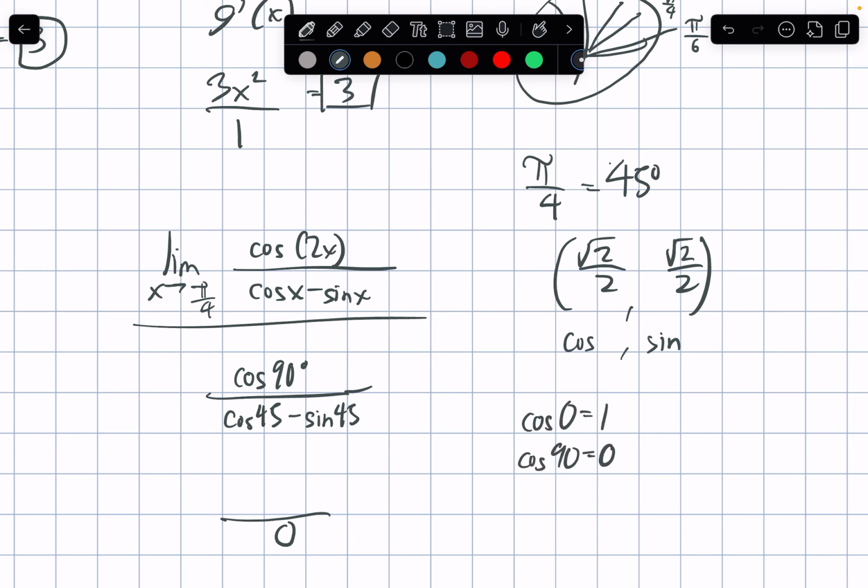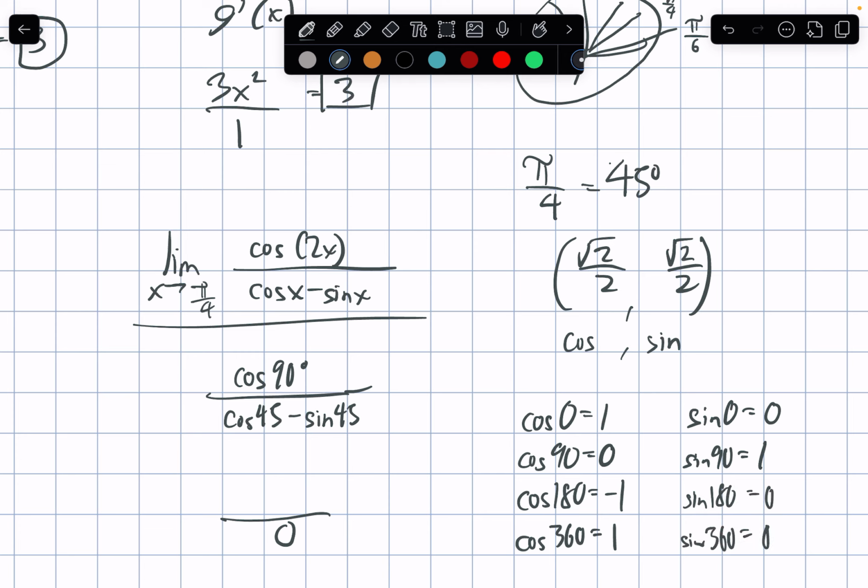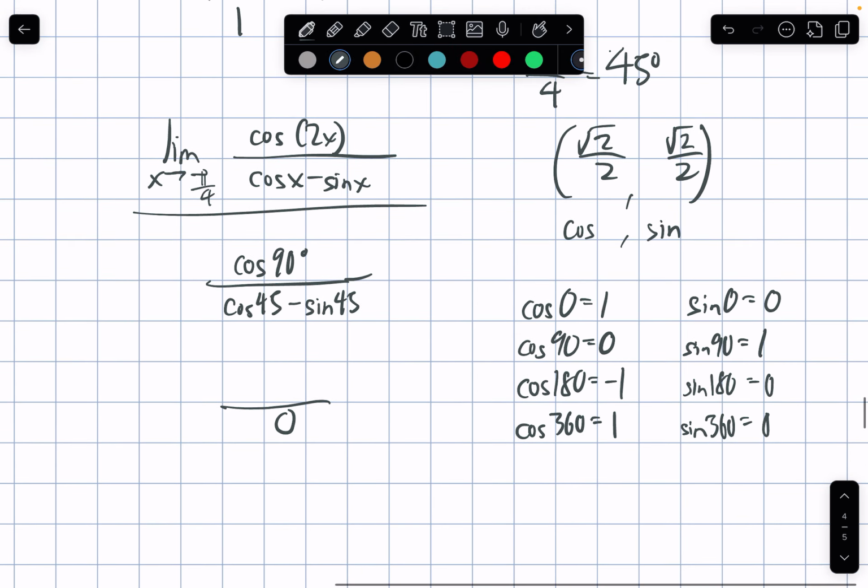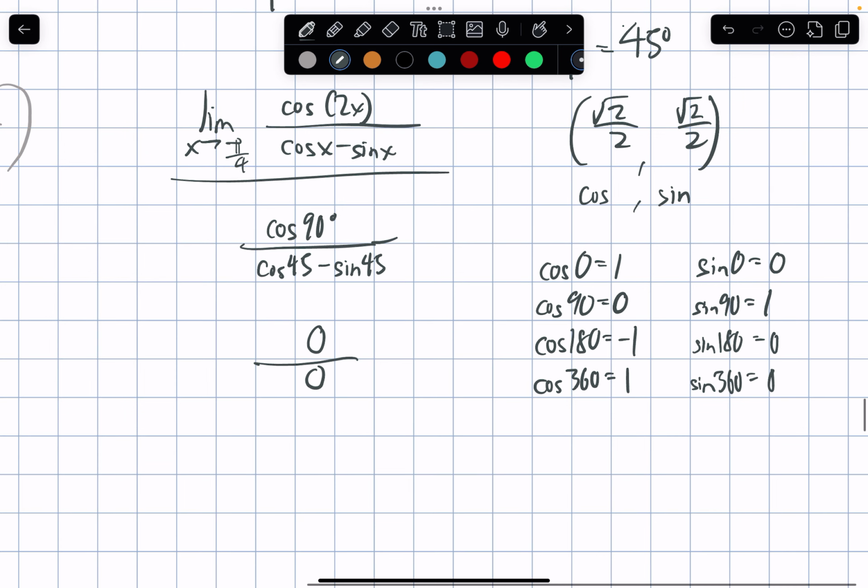Cosine 90 is going to equal 0. Cosine 180 is equal to negative 1. Cosine 360 is equal to 1. Sine 0 is equal to 0. Sine 90 is equal to 1. Sine 180 and 360 are all equal to 0. That's all from memory. It helps a lot. You're supposed to know that already by the time you reach calculus in college. So cosine 90 is 0, right? So still 0 over 0. We need to do something.